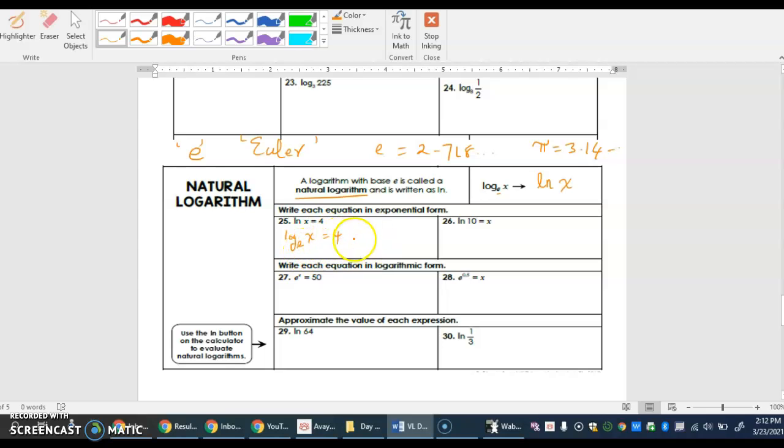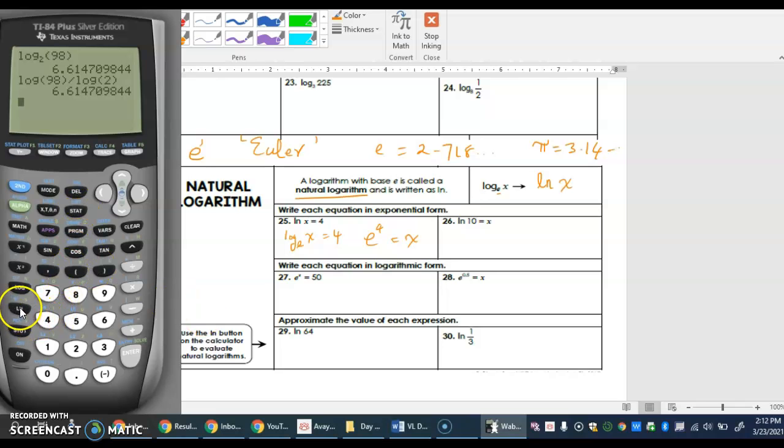Because the exponent is 4 and the base is e, we are saying e to the power of what is x, and that what is 4, that's the exponent. e to the 4 is x, correct? So we can actually find the value of e to the 4, because e being a number, if you do second and ln, you will get e, and e to the 4 is what we want, and that number is 54.599.